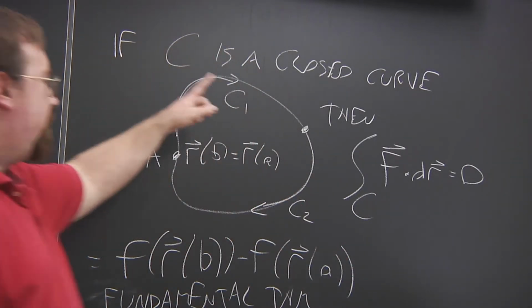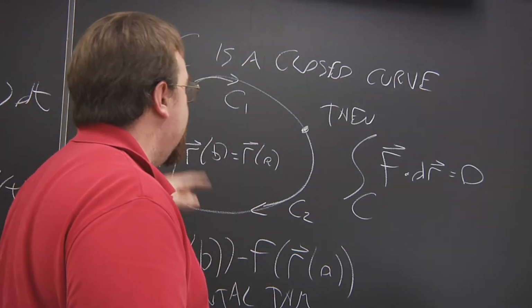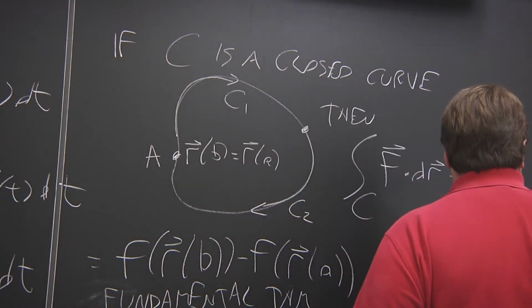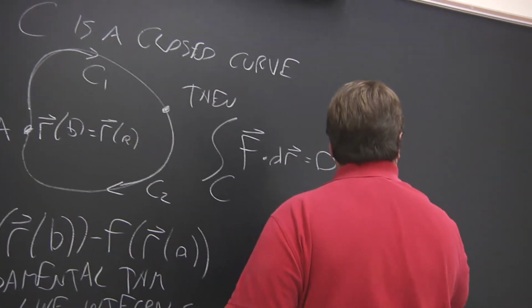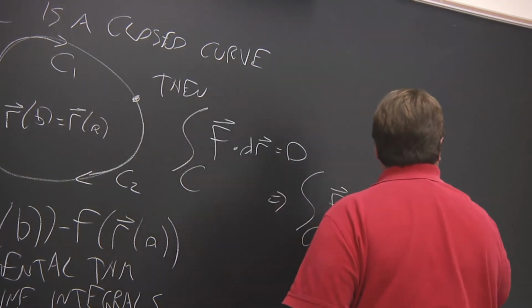C1 is the top part, C2 is the bottom part. Because the integral over the entire curve is 0, we can break this integral up into the integral over C1 plus the integral over C2.